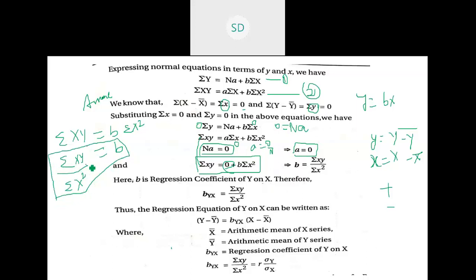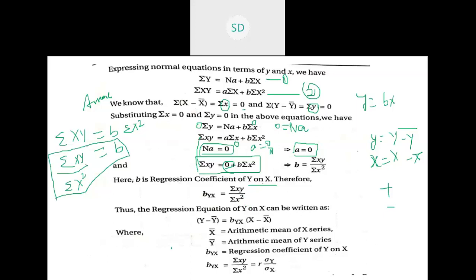So this is how we find the regression coefficient for y on x, where a will be 0, and b, that is your slope of the regression coefficient, will be summation xy divided by summation x square.